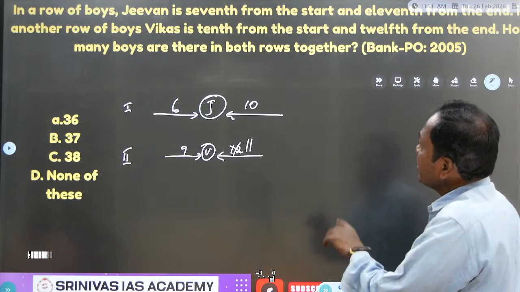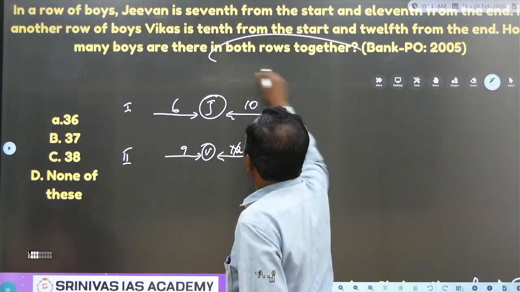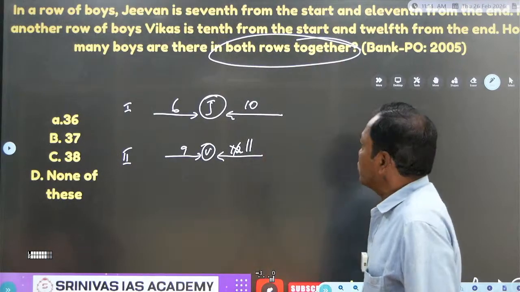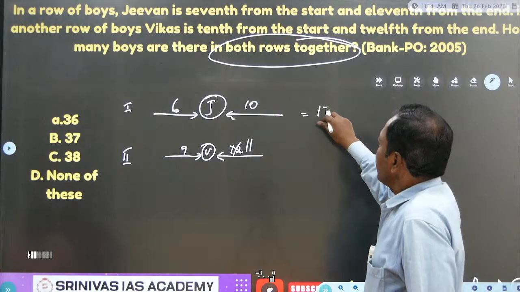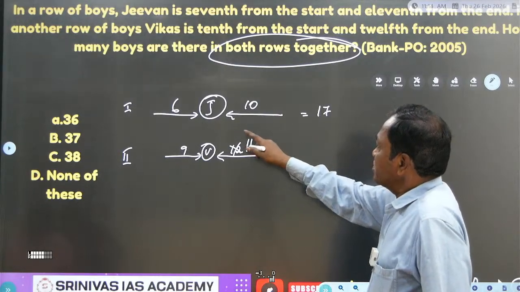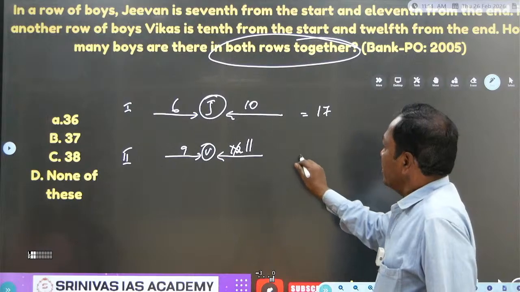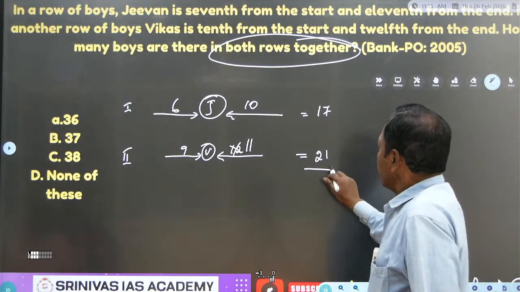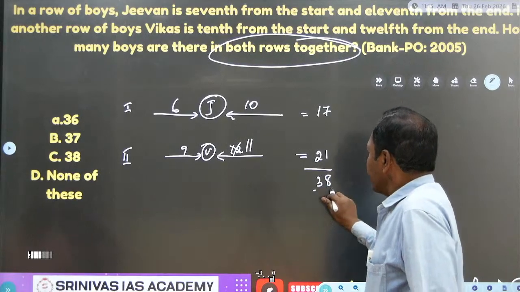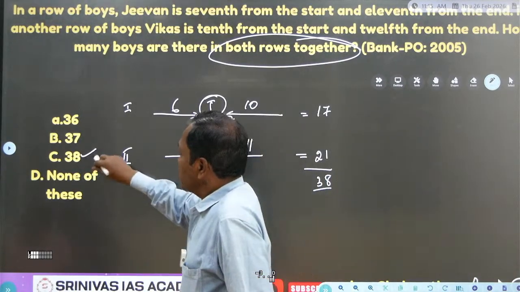How many boys are there in both the rows together? The first row is 6 plus G1 plus 10, that is 17. The second row is 9 plus 1 plus 11, that is 21. Total 38. Option C.